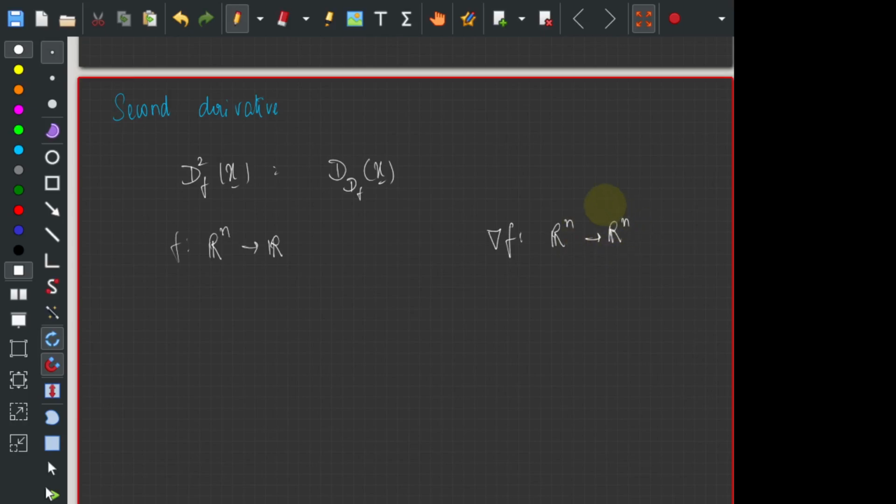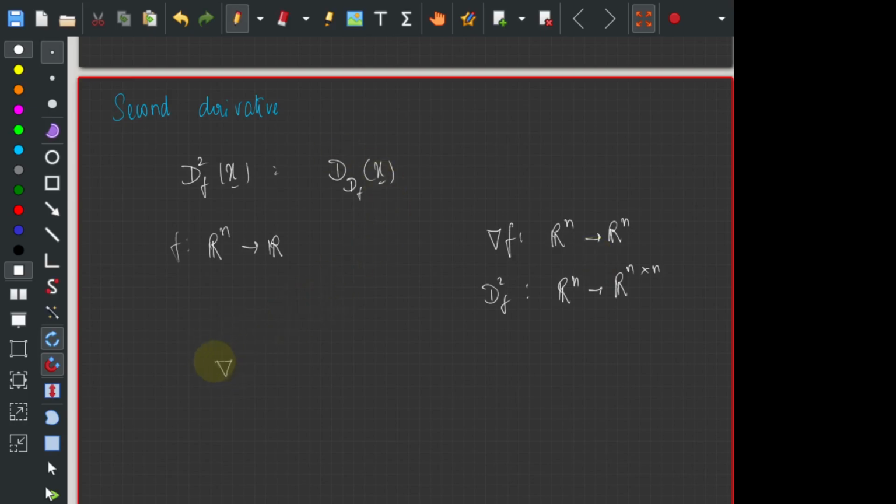So the second derivative would be a function from Rn to R^(n cross n). And basically what this gives is the Hessian matrix.